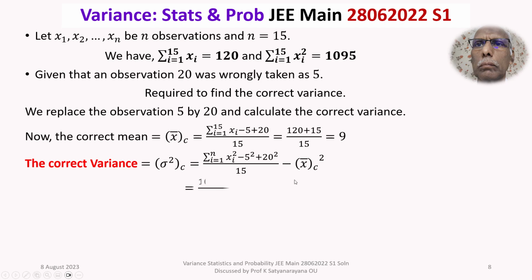That is equal to 1095, here 20 square is 400 minus 25, that is 375, plus, by 15 minus 9 square, and this will be equal to 1470 by 15 minus 9 square. 1470 by 15 is 98, minus 9 square is 81, that is equal to 17.